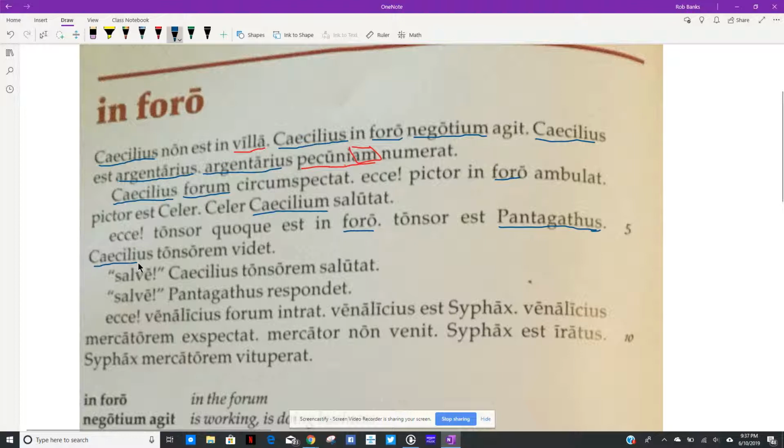Caecilius again. Tonsorem, right? That ends in em, right? That's not second declension, that's third. Salve, Caecilius, okay. Tonsorem, em, again, that's not second declension. Salve, Pantagathus, okay, we got him again. And US makes a second declension. Vendelicius, of course. Forum again. Vendelicius.